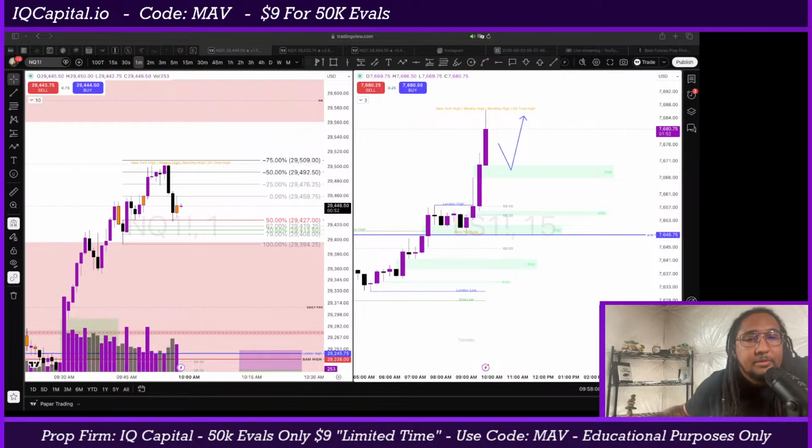We're just trying to be patient here. Let's see where price wants to deliver. It looks like it's trying to go to the upside here after this pullback. Let's see.